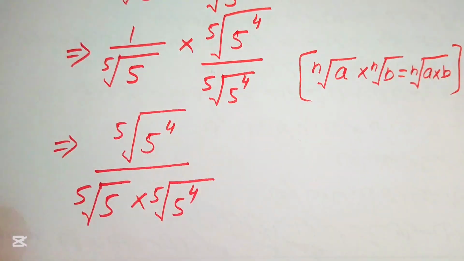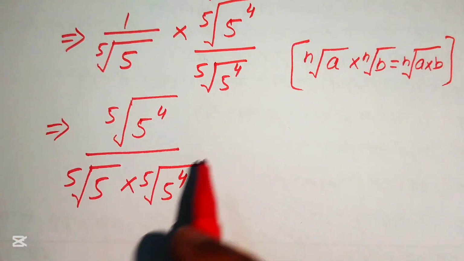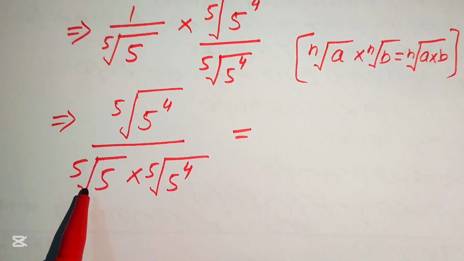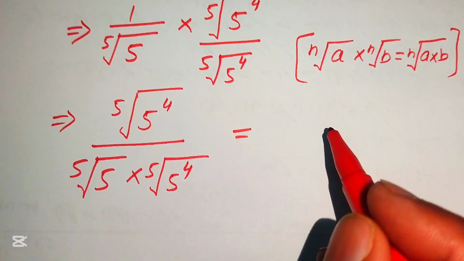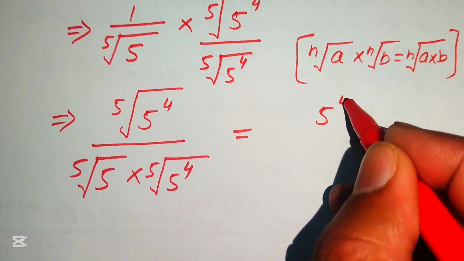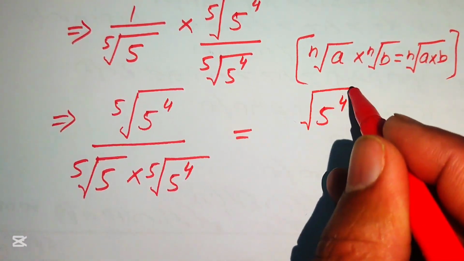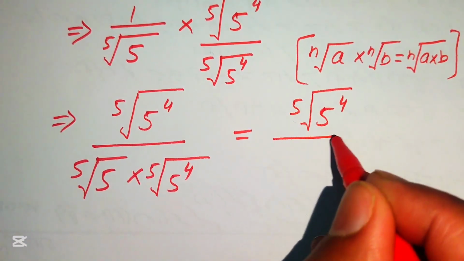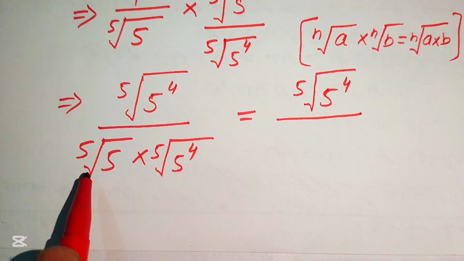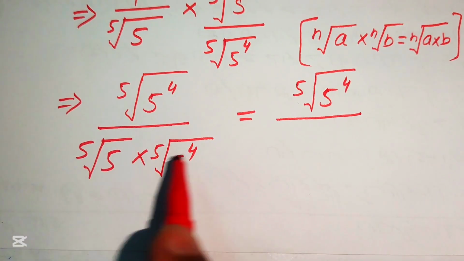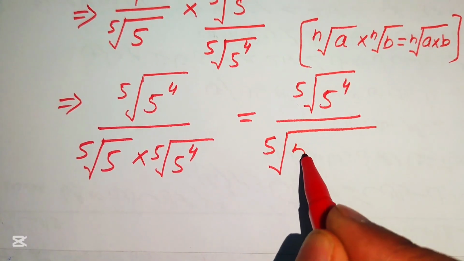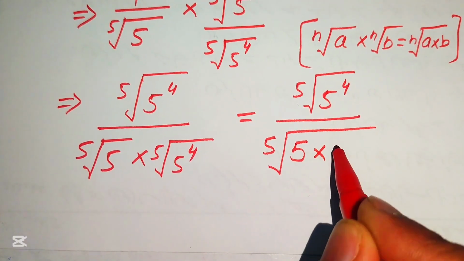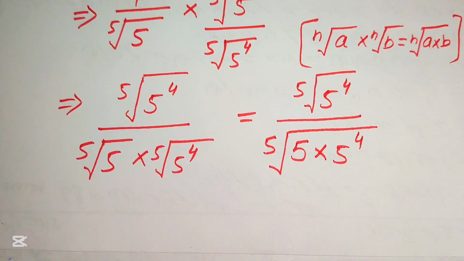So here, according to this rule of radicals, we just combine the fifth root of these two terms, and when you combine the fifth root of these two terms, it will be written as 5 to the power of 4 and its fifth root divided by, here first we combine the fifth root of these two terms, and it will be written as fifth root of 5 multiplied by 5 to the power of 4.